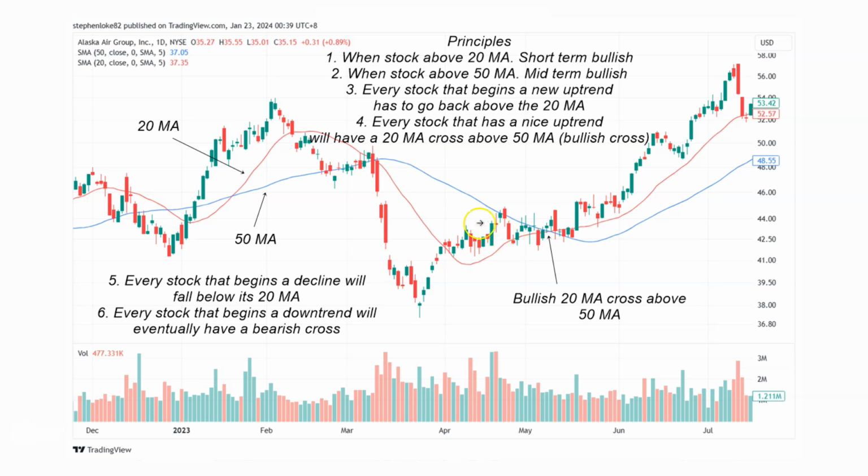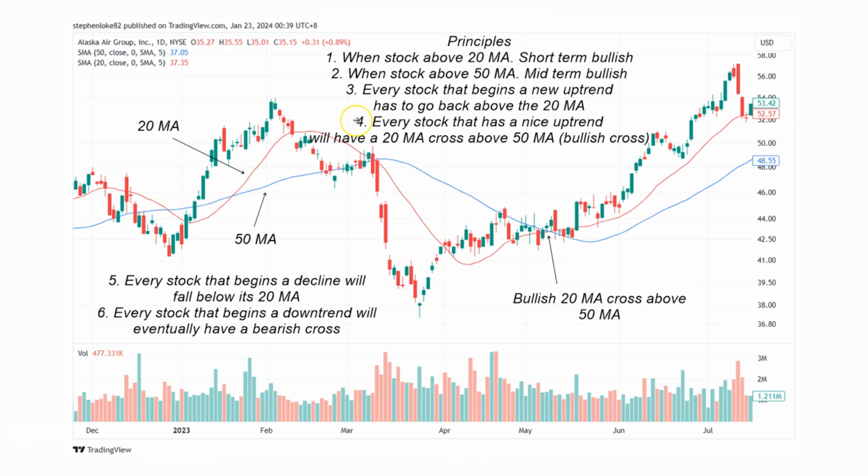It's a given fact. There will never be a stock that begins a trend without going back above the 20 MA first. Okay, go through many examples, go through many stocks, and you'll always notice that before a stock starts a nice uptrend, it will always go back above the 20 MA.